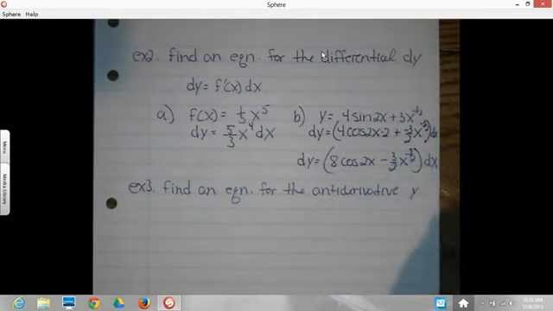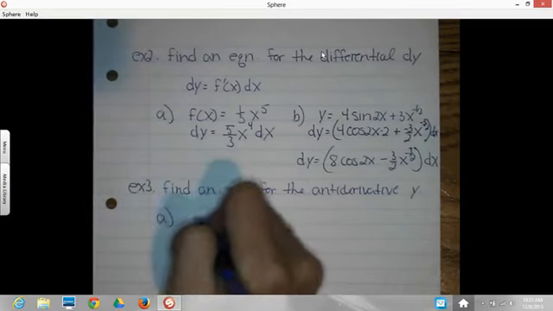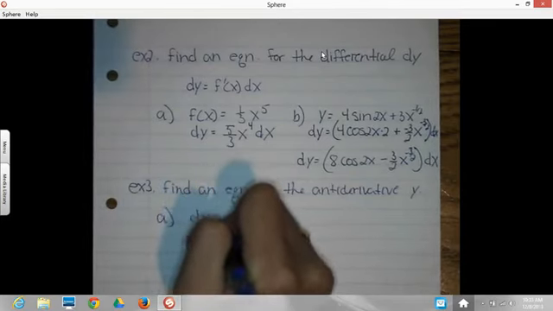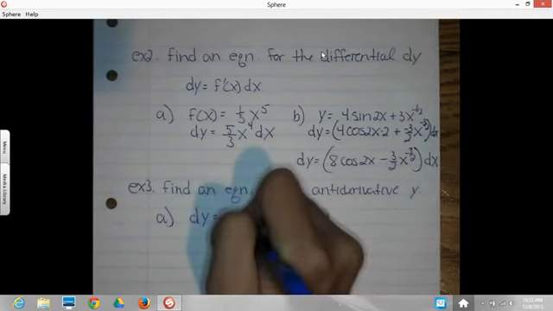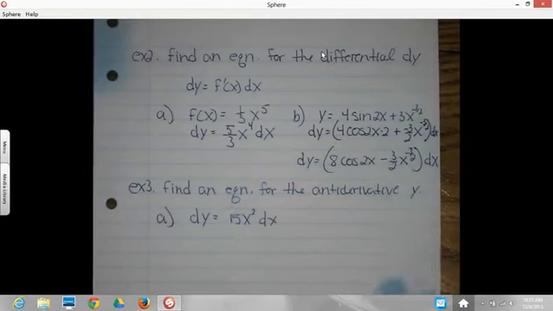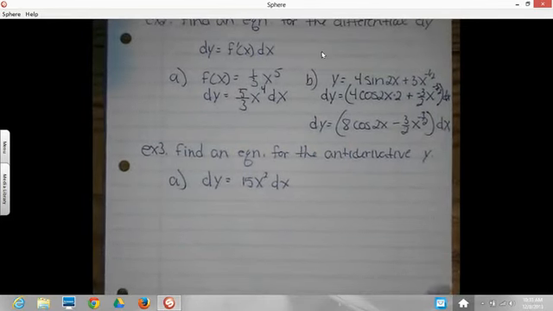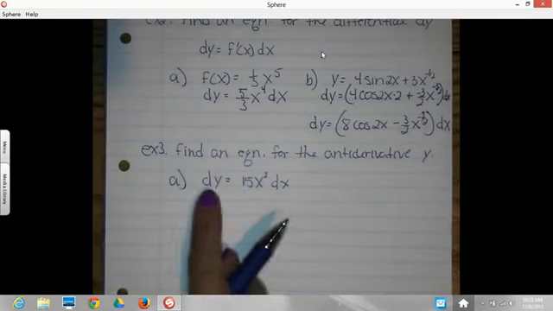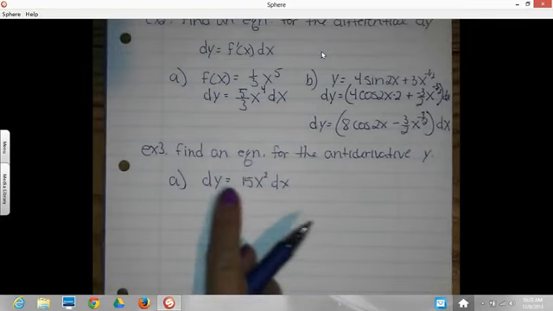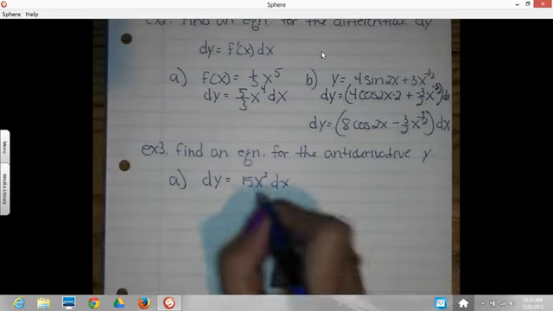Okay, starting with the differential. So if dy, the differential of y, equals 15x squared dx, we want to be able to find the antiderivative. Well, what I need to start with is the derivative. This is almost the derivative. All I've got to do to make it the derivative is get dx underneath here. And I can do that by dividing both sides by dx.